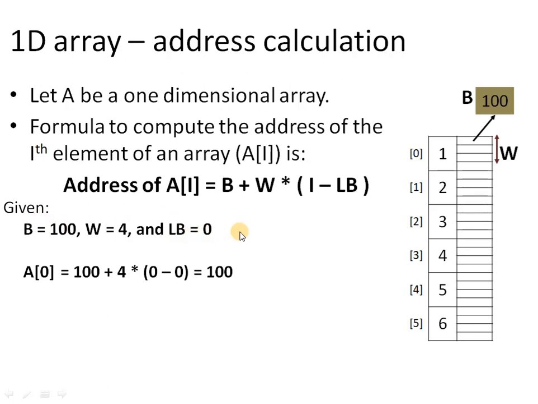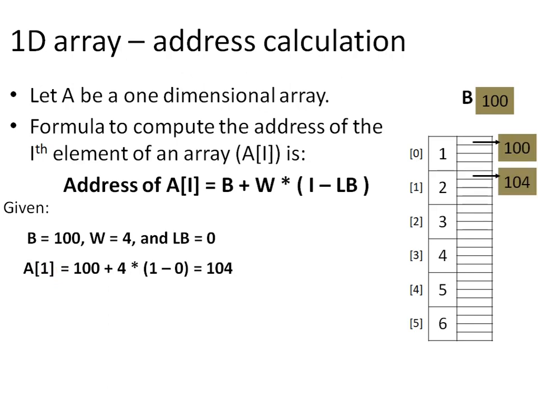Simply put these values in the equation, and you will get the answer with I equals 0 for the first element. In a similar way, one can compute the addresses of the remaining 5 elements in this example. Everything will remain the same.